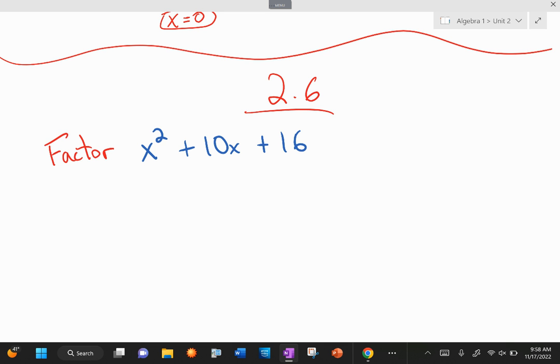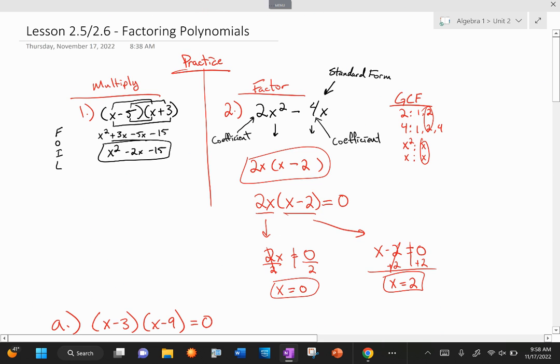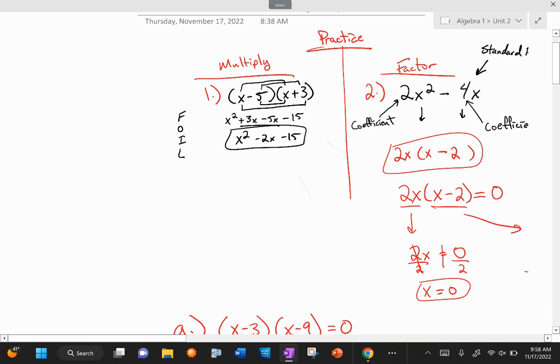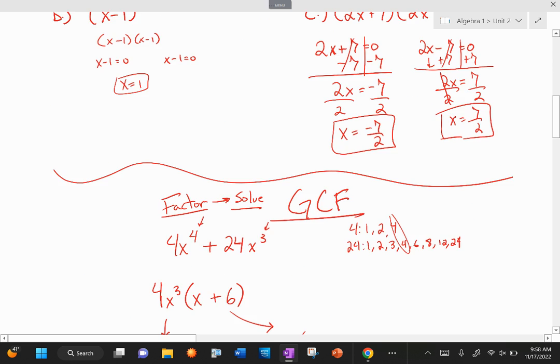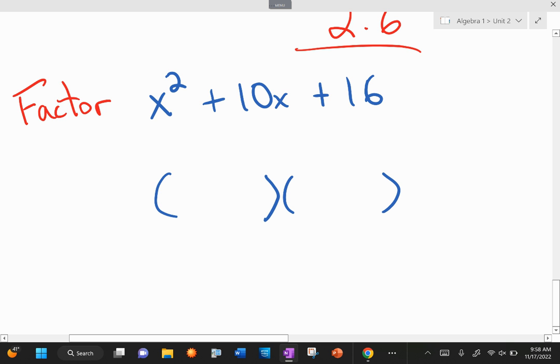Okay, so our goal, since we're only concerned with factoring, not trying to solve yet, is to get two sets of parentheses, like at the very beginning of class, when we started with x minus 5 and x plus 3. That is what we want our end product to look like, starting with this polynomial. So let's break it down.